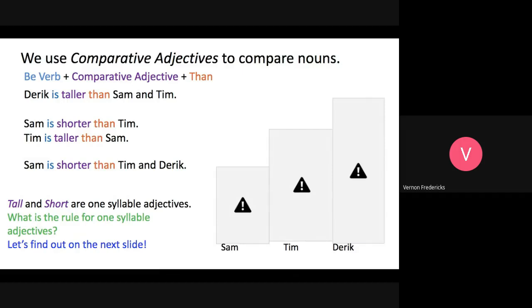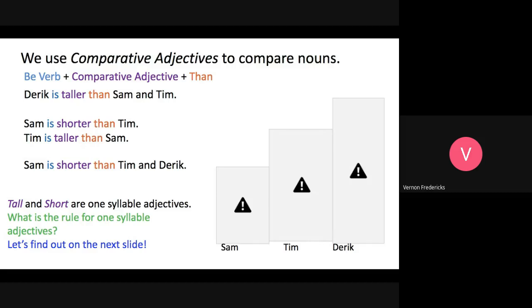We use comparative adjectives to compare nouns. We look at the nouns and we look at what is different, what is not the same about these nouns.